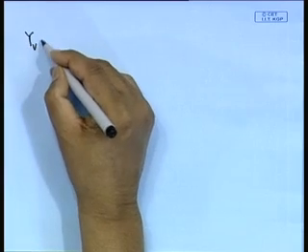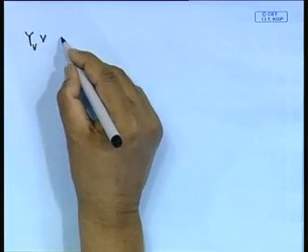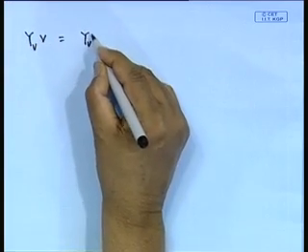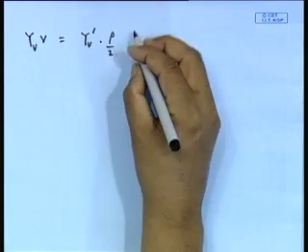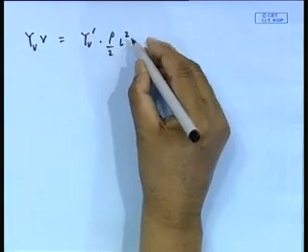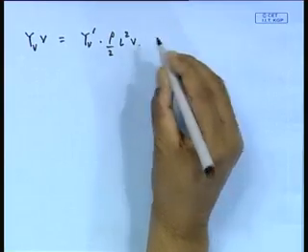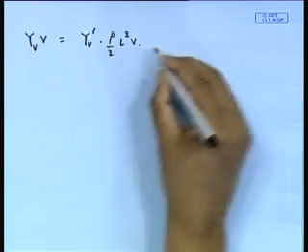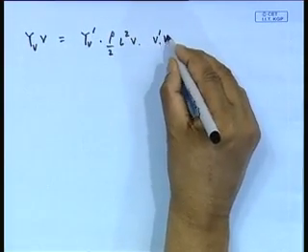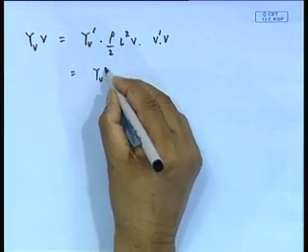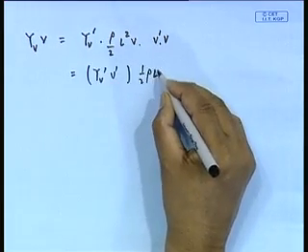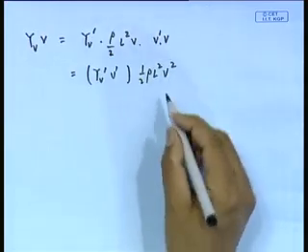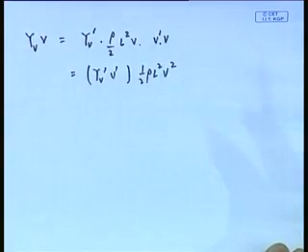For example, Yv into v is Yv dash into rho by 2 L square v, and v is v dash into V, which will be Yv dash v dash into half rho L square V square. You will find this as a unit of force.